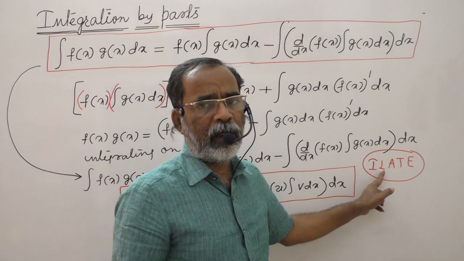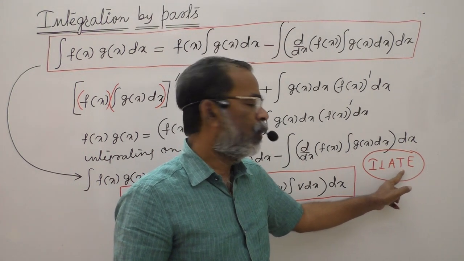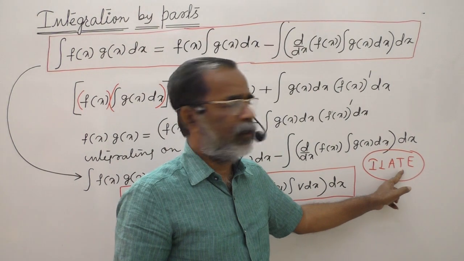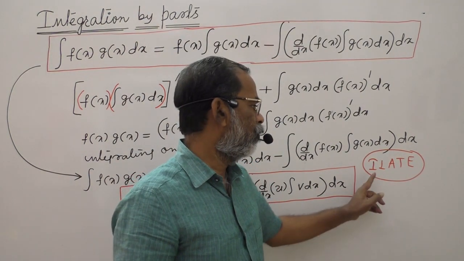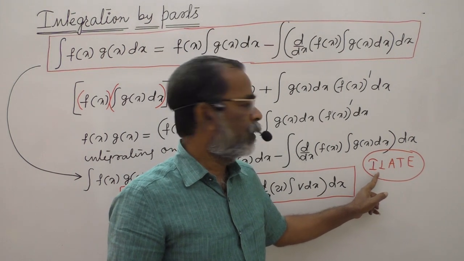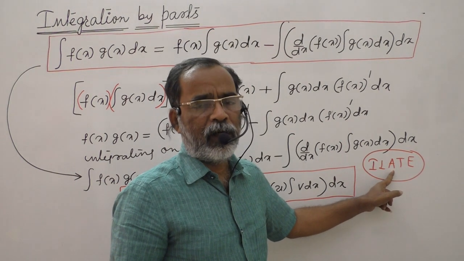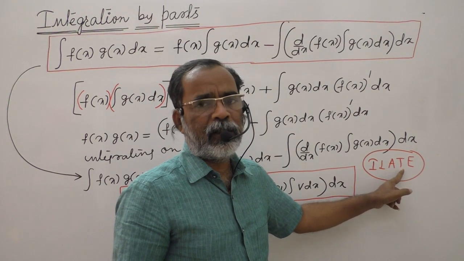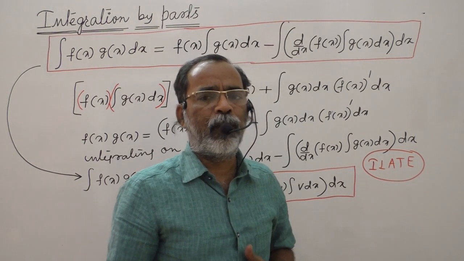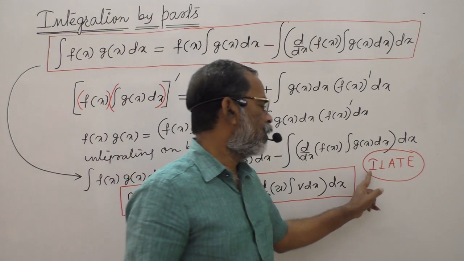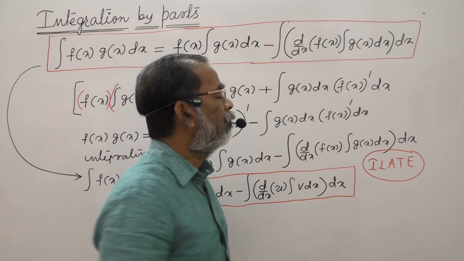L means logarithmic functions. A means algebraic functions. T means trigonometric functions. E means exponential functions. In this order from left to right, you are supposed to choose the first function.